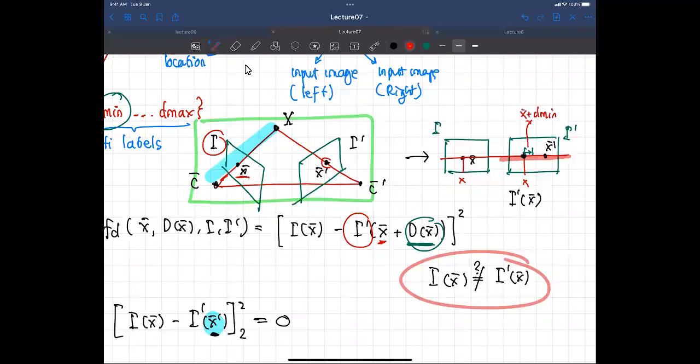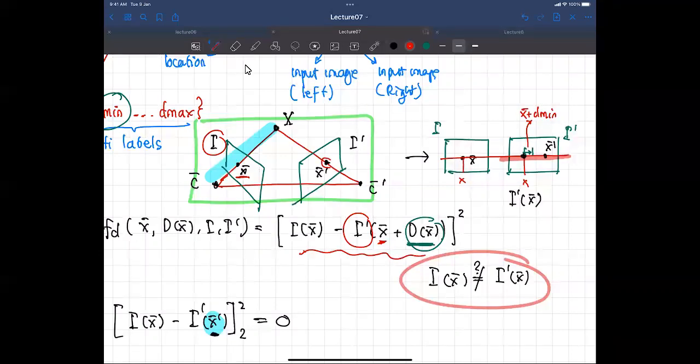X plus d min. You shift. And the shifting distance is d min. But shifting d min is unlikely to give you the corresponding point. Well, we do not know. That depends on the equation here. But if it is 0, then it's likely to be matched.